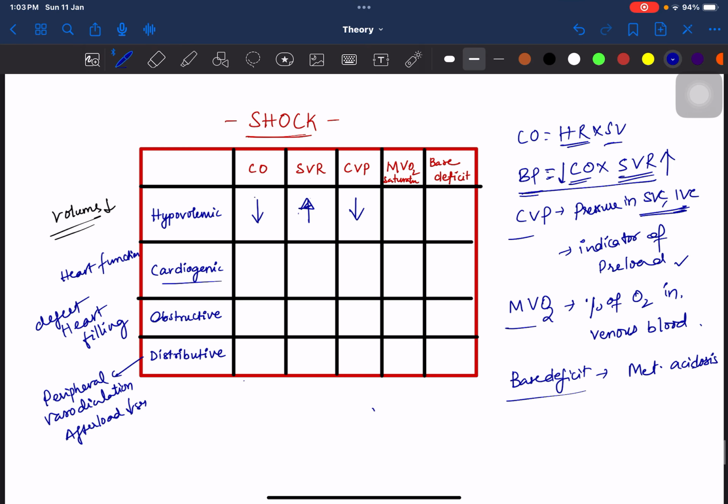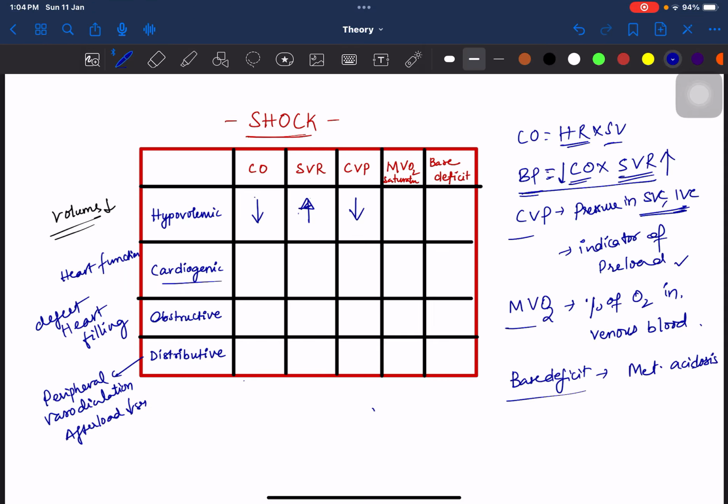What happens in cardiogenic shock? In cardiogenic shock, the functioning of the heart is decreased, again due to various reasons like myocardial infarction, heart failure, cardiomyopathies, regurgitations, etc. In cardiogenic shock, the basic contractility of the heart, the pump, has failed.